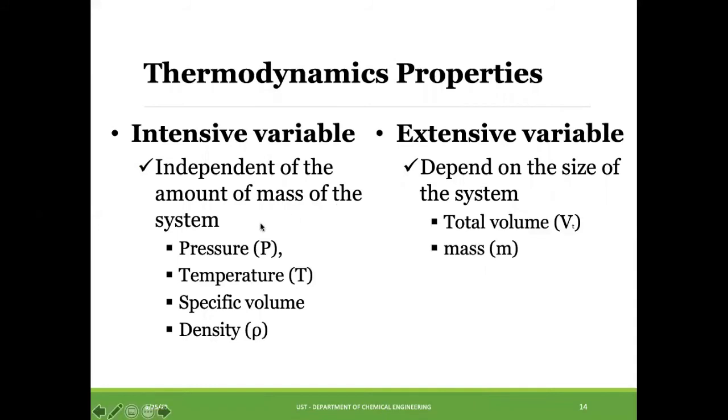Examples of intensive variables are pressure, temperature, specific volume, and density. Density is mass per unit volume, so take note that density depends on what type of matter it is. Density of water is different from density of solids and density of gas.